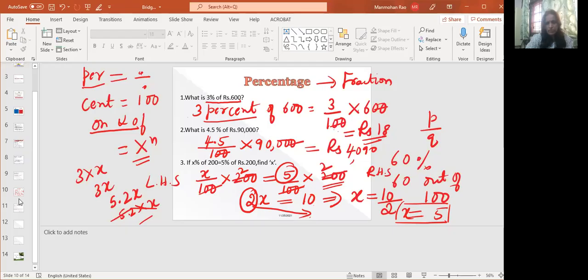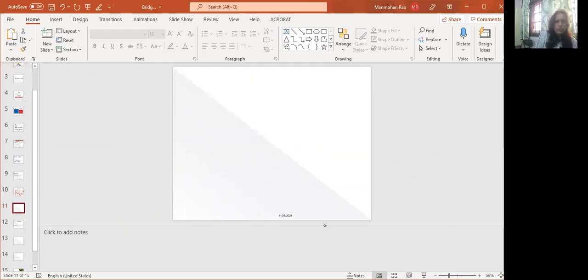One quick example just to test your knowledge. Okay. So what is 3.5% of rupees 7,000? Quickly. How much is 3.5% of 7,000 rupees?